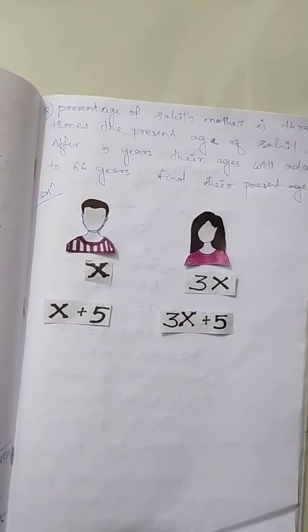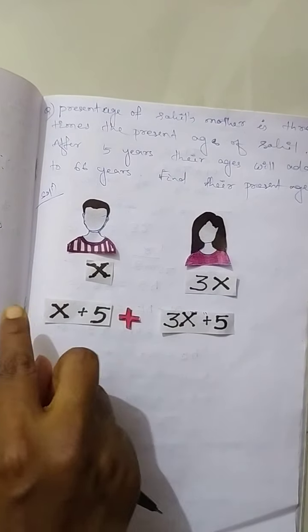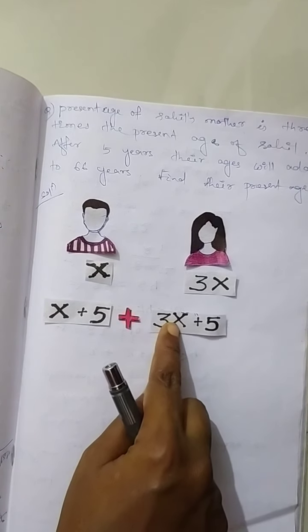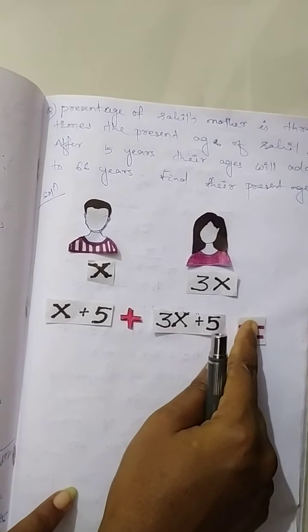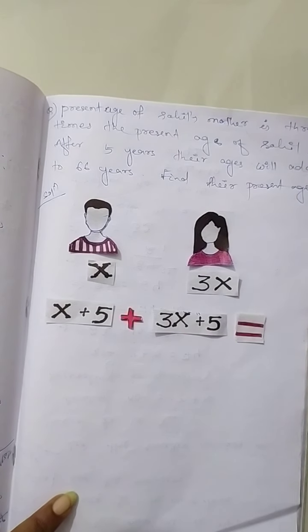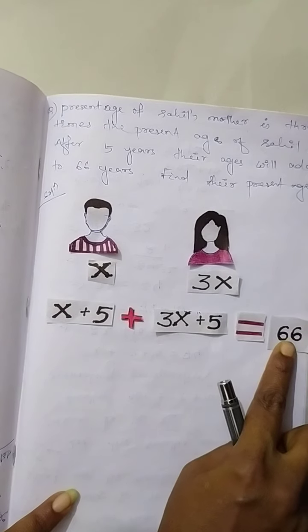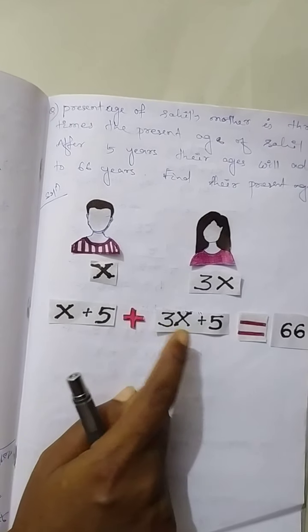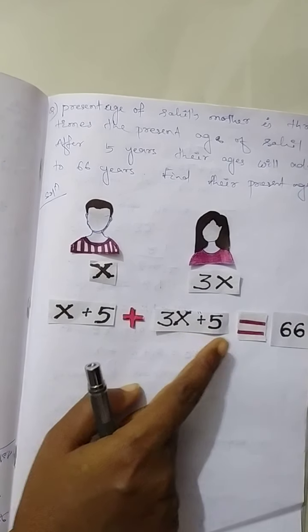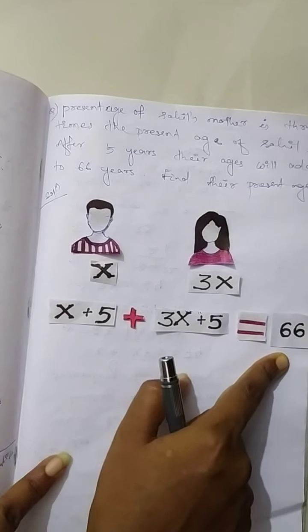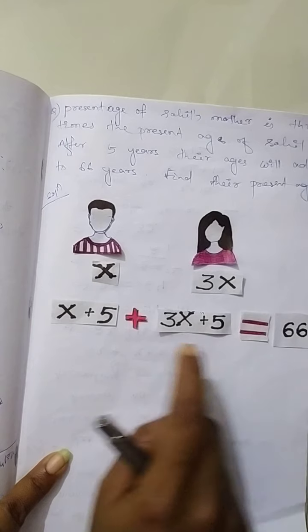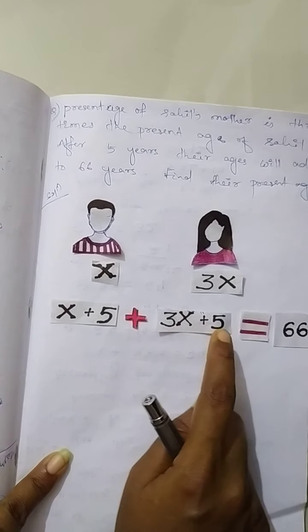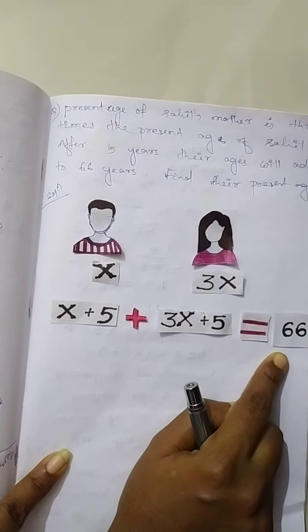But the question is, the addition of their ages after 5 years is 66. Here we get the linear equation: x plus 5 plus 3x plus 5 equals 66.